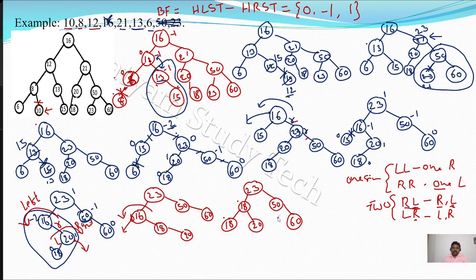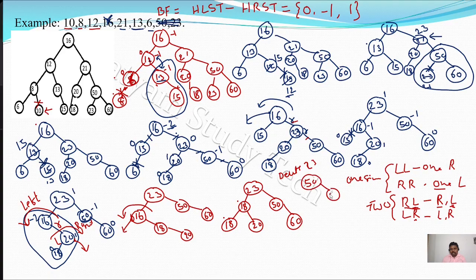Right? It is balanced. After that, for example, if you want to delete 23, okay, you can delete 23. So how can we delete 23? Now you have to replace with the inorder successor. What is the smallest element of the right side? 50. So we have to replace with that. Okay, 50.